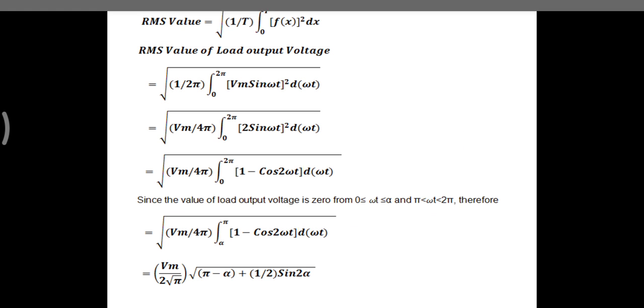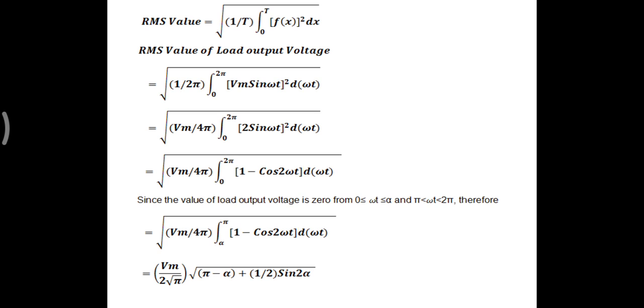And second one, the RMS value. How can we calculate this RMS value? Already we have the formula. RMS value is the square root of 1 by T integral 0 to T of f of t whole square into dt. So here also we apply the same time period T as 2 pi and limits 0 to 2 pi.